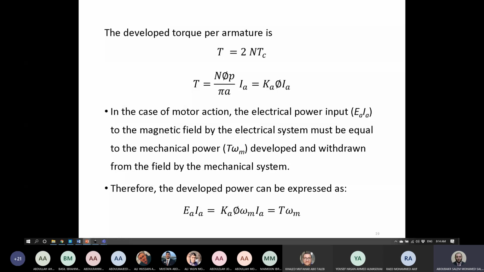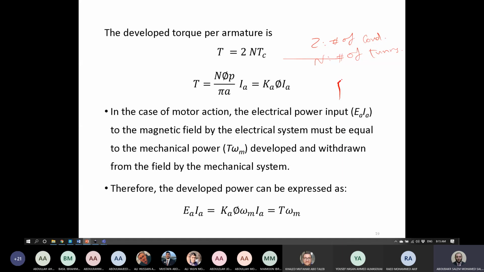We said in the last class that we have N equals Z over 2. We define Z as the number of conductors, and N is the number of turns.